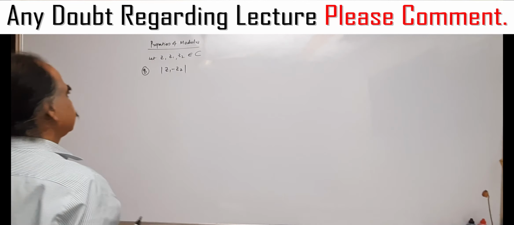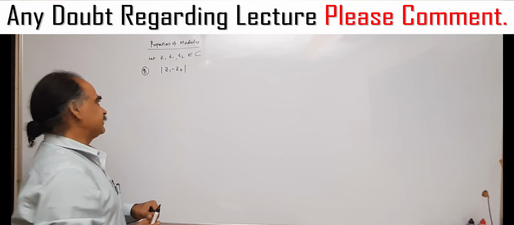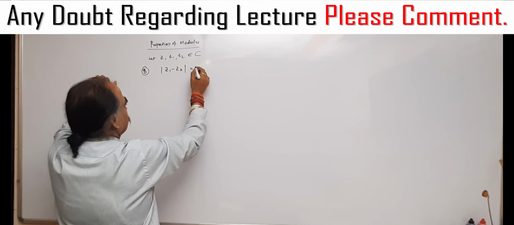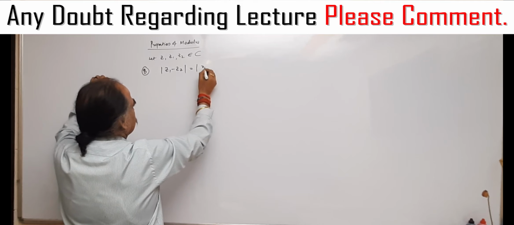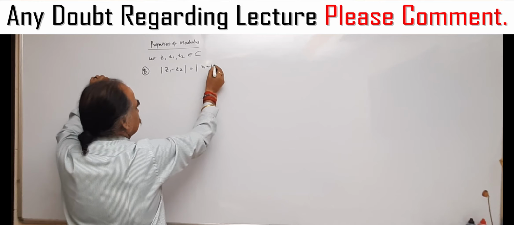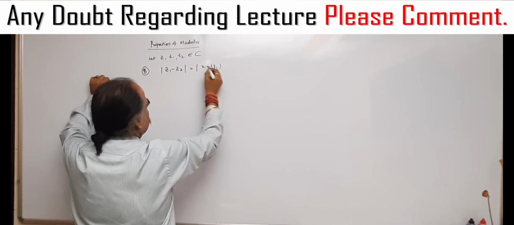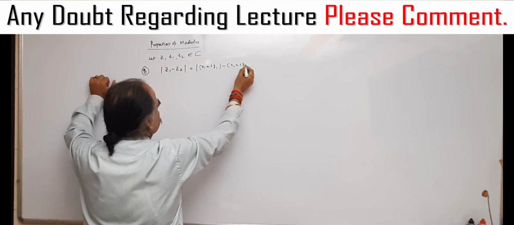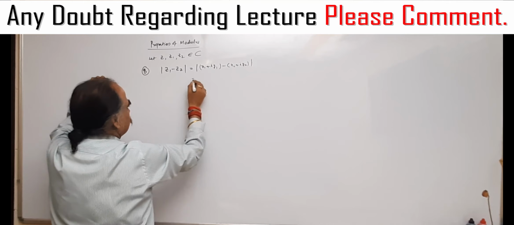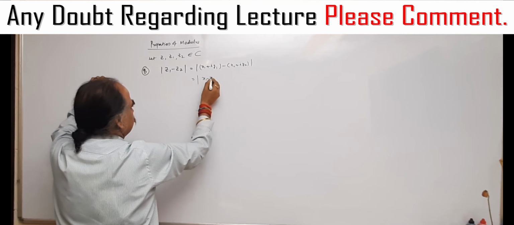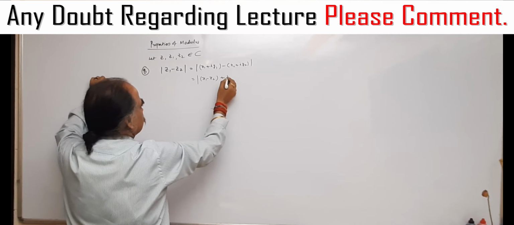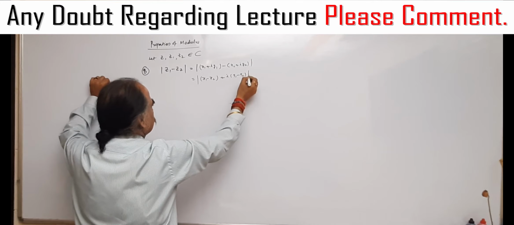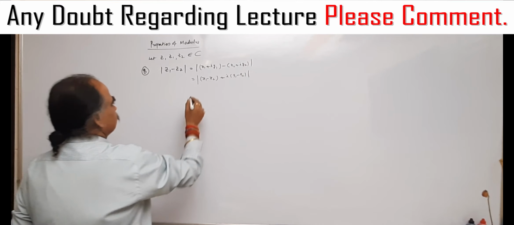See property number 8, modulus z1 minus z2 represents what? Modulus x1 plus iy1 minus x2 plus iy2, which is the same as x1 minus x2 plus i into y1 minus y2. And modulus of this is what?